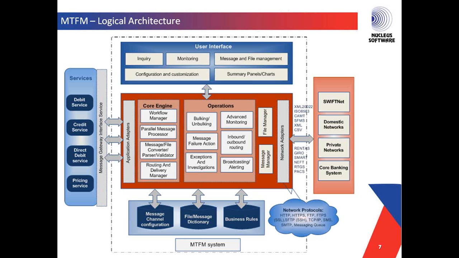So far we have covered the key components of the core engine. Now we will also see what kinds of operations are possible using this core processor. So there is this box which talks about bulking and unbulking.